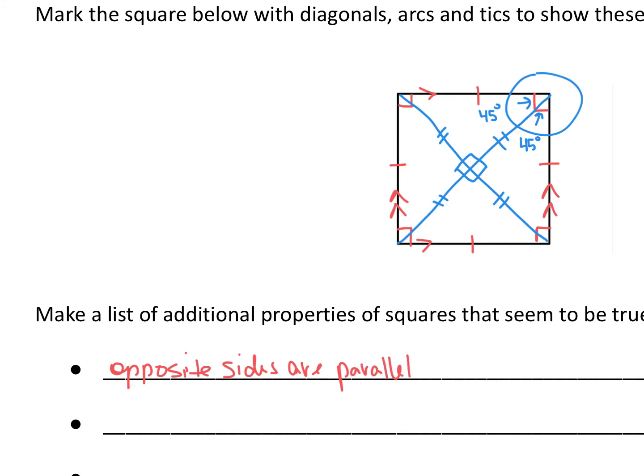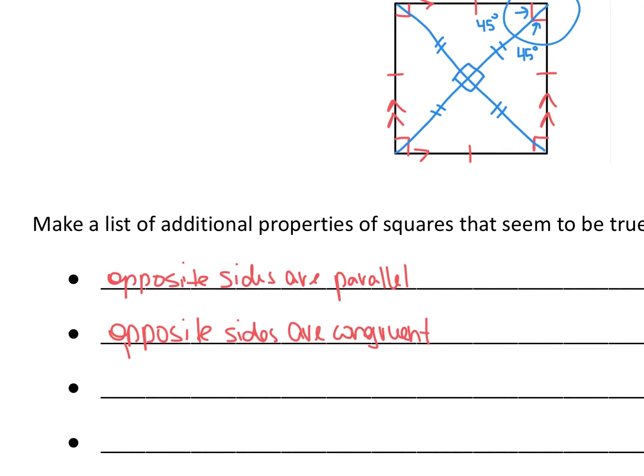Okay, opposite sides are also congruent. And a better statement, honestly, for opposite sides are congruent is that all sides are congruent. Because that's more true. These are both true, but this one is more accurate. All sides are congruent.